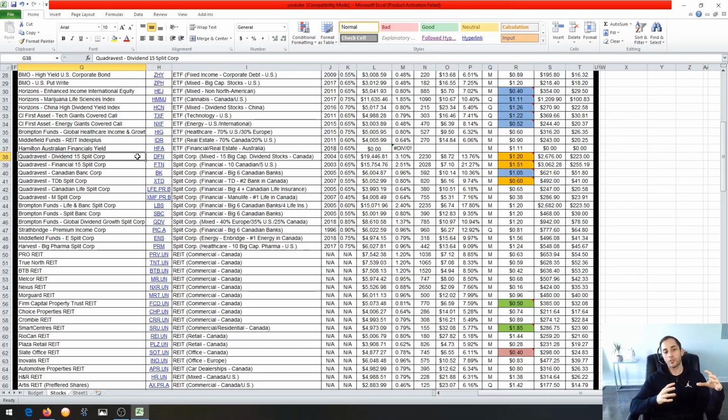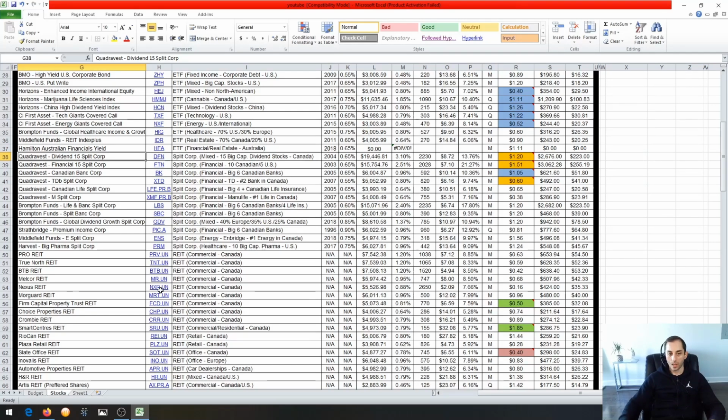The preferred shares are funded by the dividends from the companies in the fund, and the regular shares are funded by the excess dividend plus a bunch of active investing techniques that the manager will use to make money for the regular shares. In terms of dividends, the preferred shares have a much lower yield, except they're safer, and the regular Class A shares are technically not guaranteed, but the yield is very, very high.